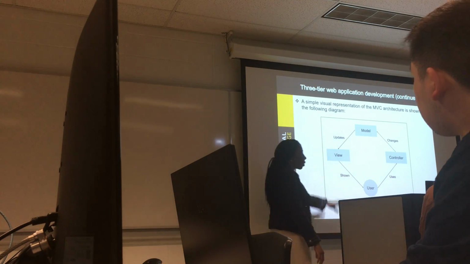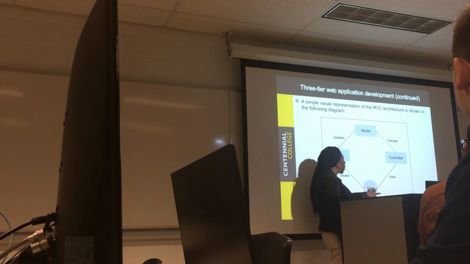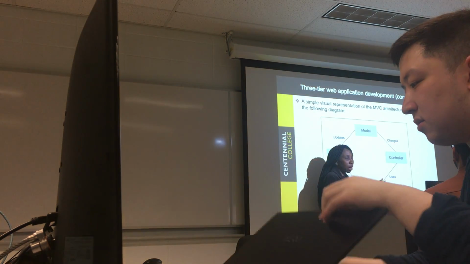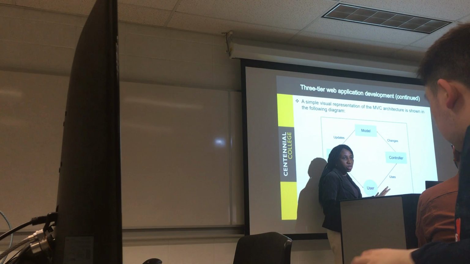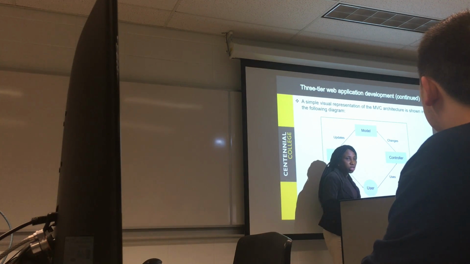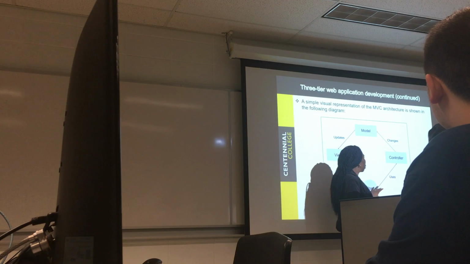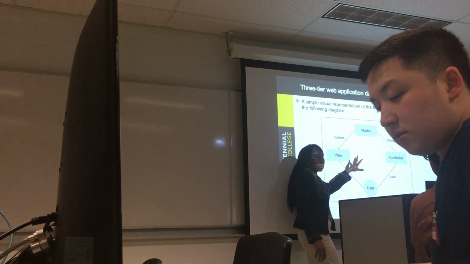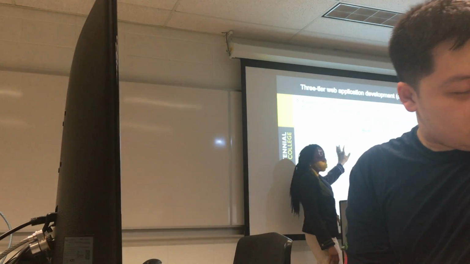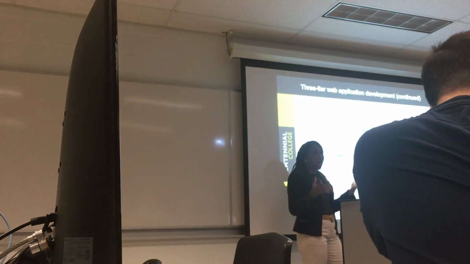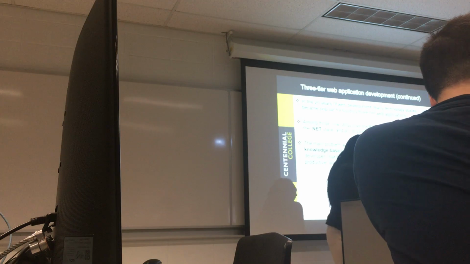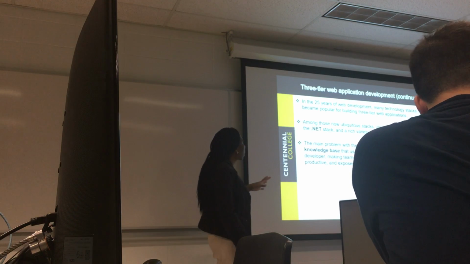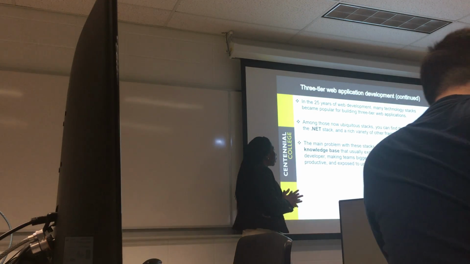This is just a diagram that explains that when the user creates any events, you click, you double click, you unload your window, the controller has to make changes to the model, and the model then updates the view, which is what you see as the output.